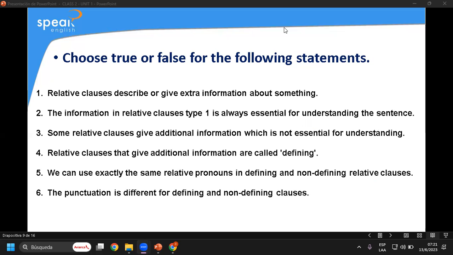For example, relative clauses describe or give extra information about something. Is that true or false? I think it's true.